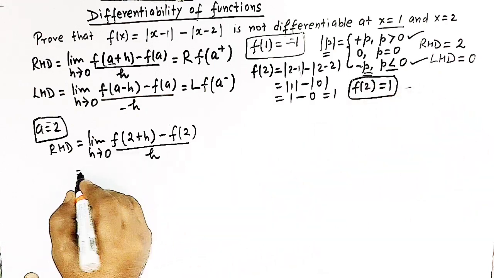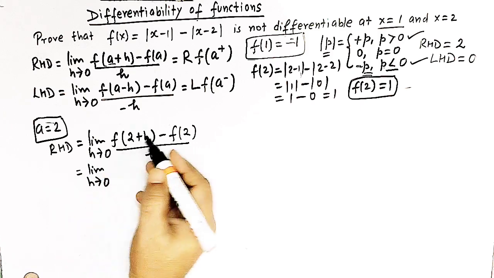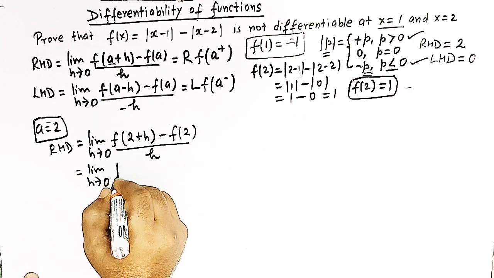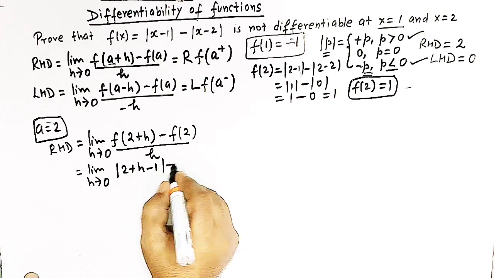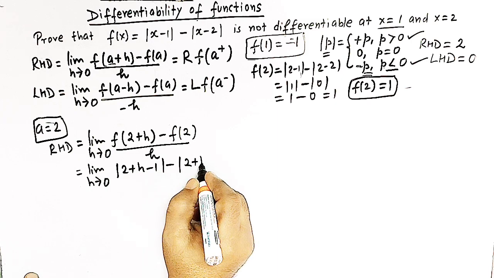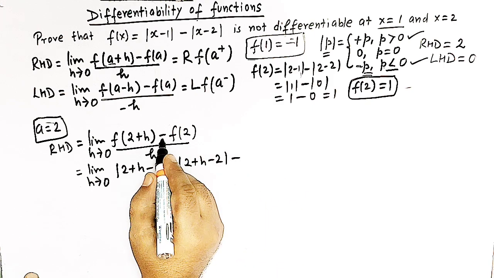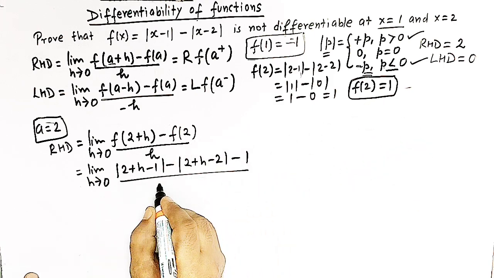And here we have limit h tends to 0. f of 2 plus h can be obtained by replacing x by 2 plus h. So we have mod of 2 plus h minus 1 minus mod of 2 plus h minus 2, and here we have f of 2, that is 1, and here we have h.